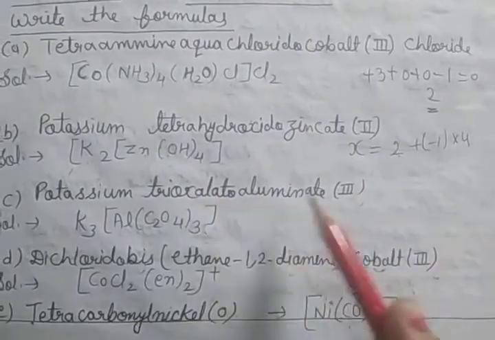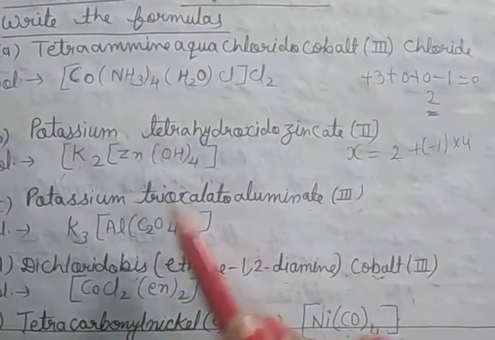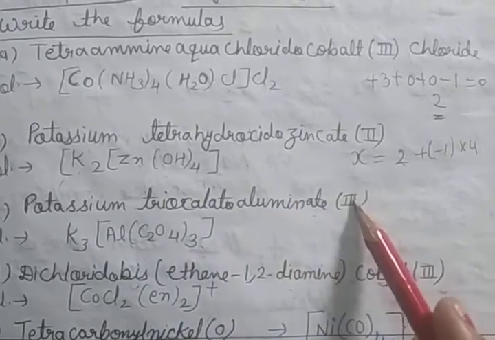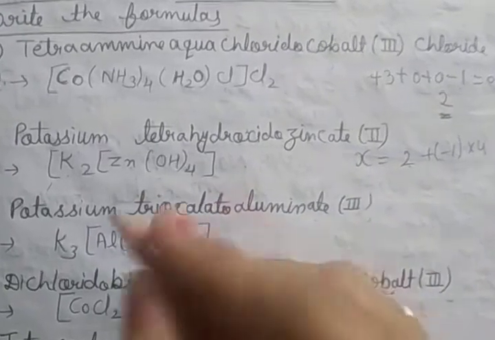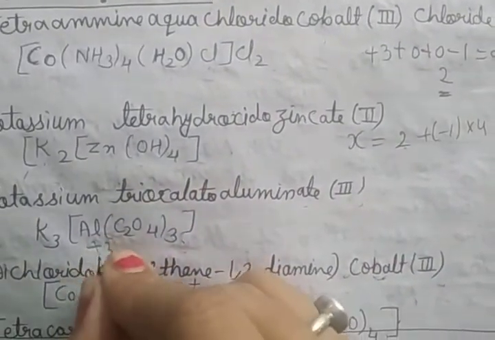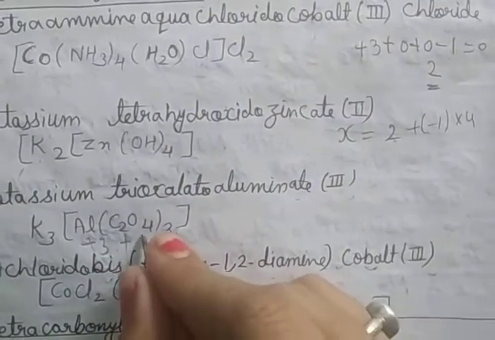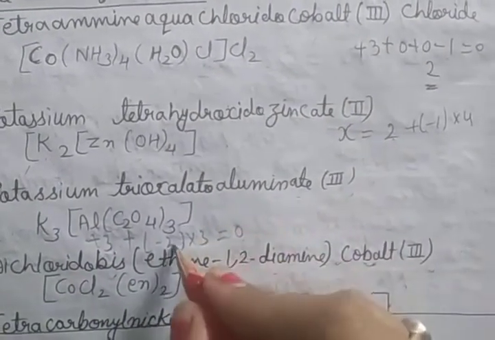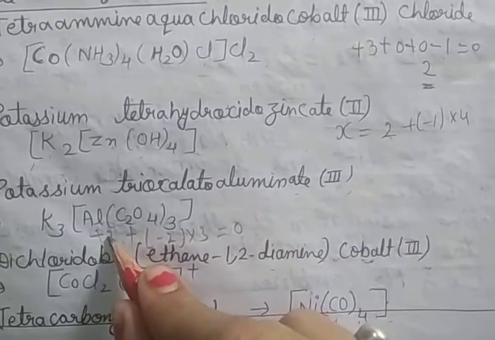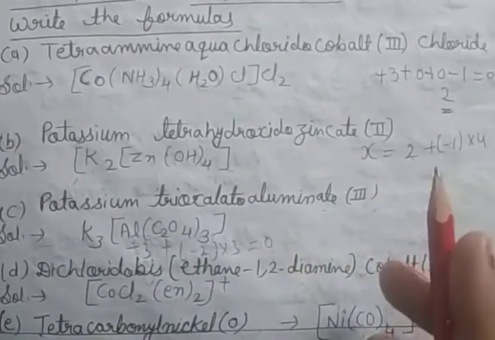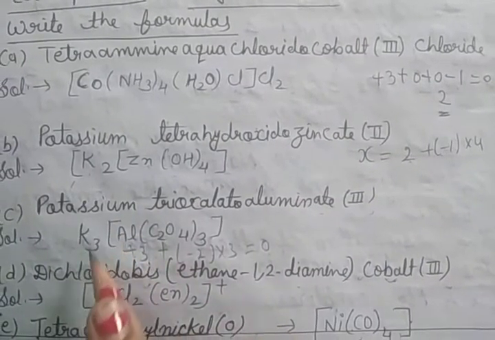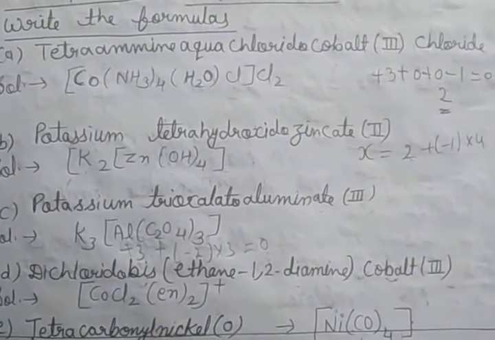Potassium trioxalato aluminate. Potassium K, trioxalato C2O4 whole 3, aluminate Al, and aluminium valency given is 3. So +3, then oxalato -2 multiplied by 3, equal to 0. So -6 plus 3 is -3, going to the right hand side, +3. And this goes to the downside of the outer element, K3.